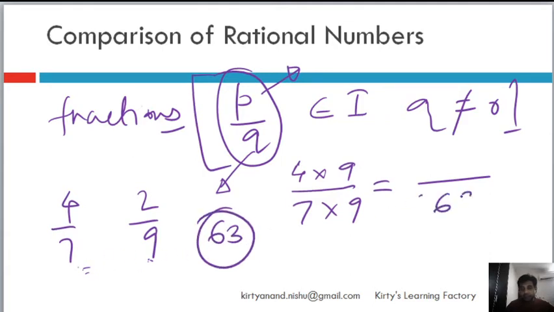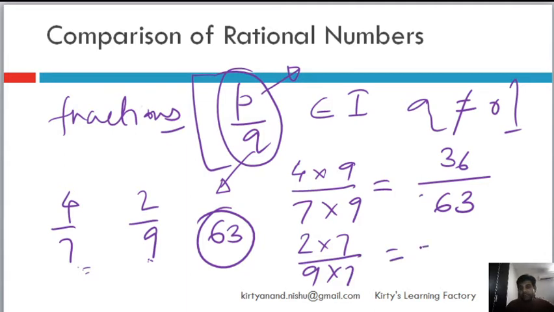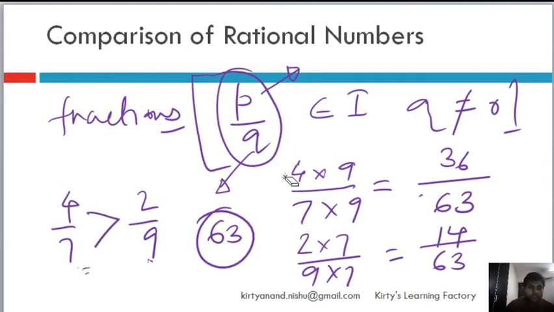So my goal is to create the denominator as 63, and 9 fours are 36. So my first fraction is 36 by 63. Similarly, my second fraction 2 by 9 is basically 14 by 63. So I easily understand that 4 by 7 is greater than 2 by 9. Any rocket science? No, there is none.